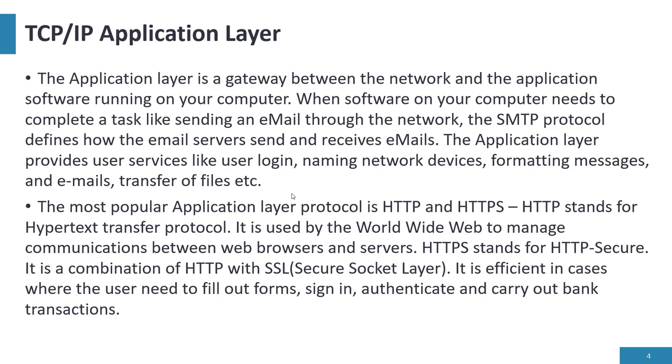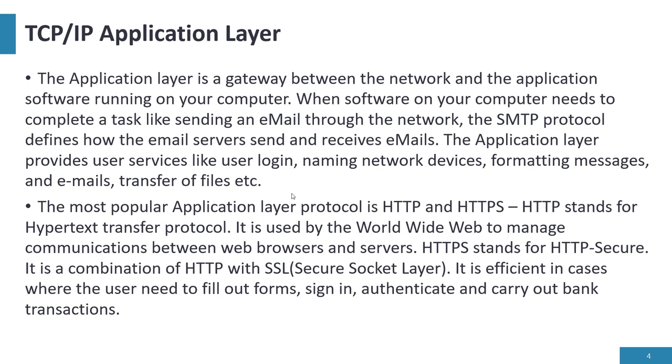When software on your computer needs to complete a task like sending an email through the network, the SMTP protocol defines how the email servers send and receive emails. The application layer provides user services like user logins, naming, networks, devices, formatting messages, and email transfers of files.